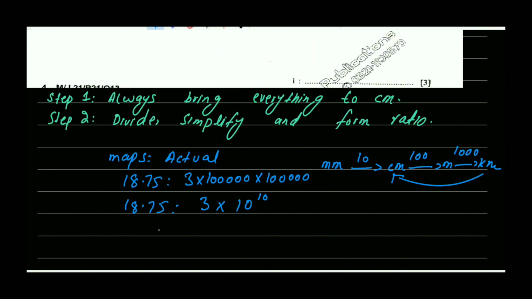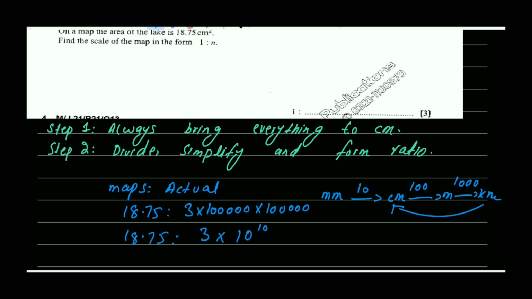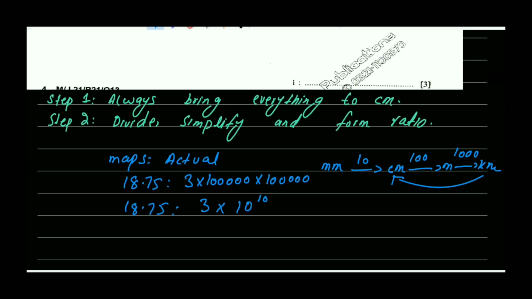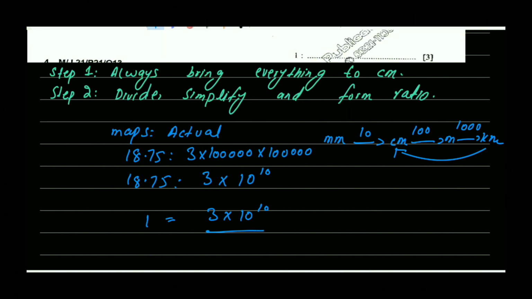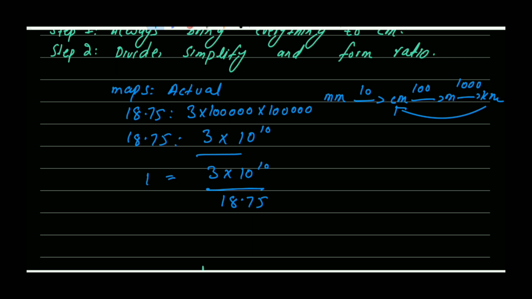And now, as we have to make the form 1:n, 18.75 will be divided by 3 into 10 raised to power 10, and we will take square root because we are going to convert it in centimeter.